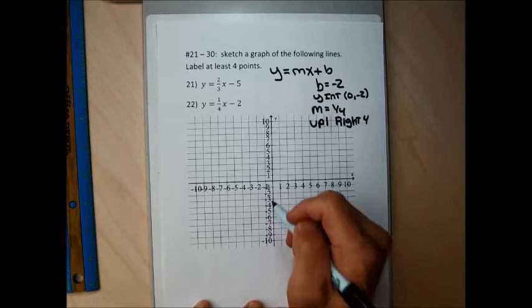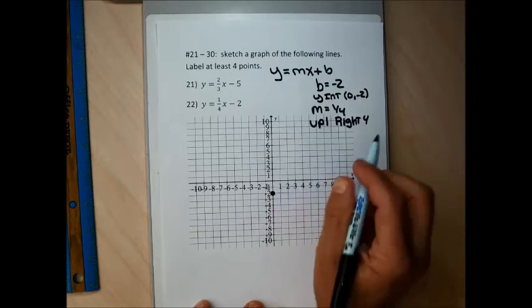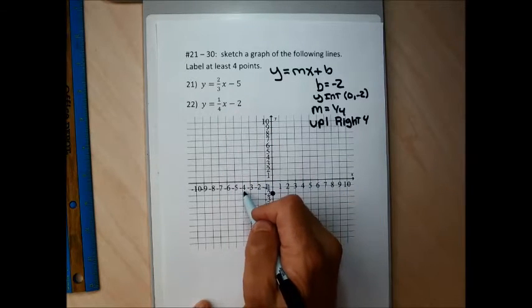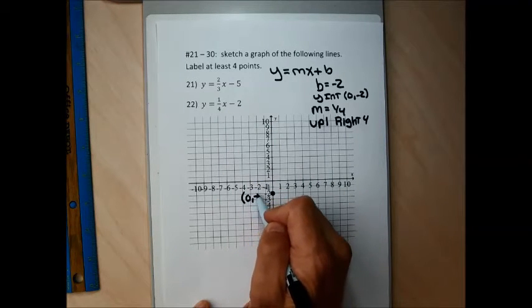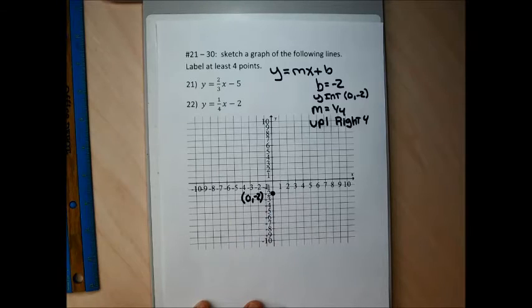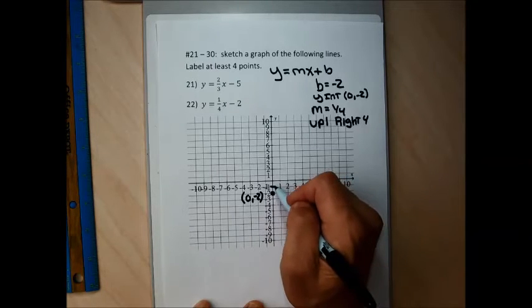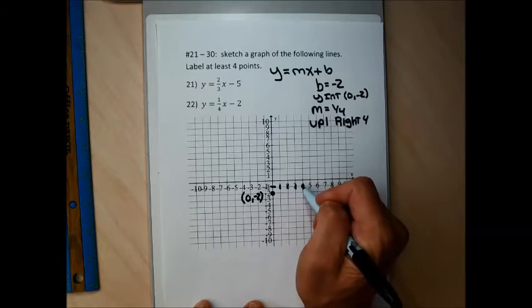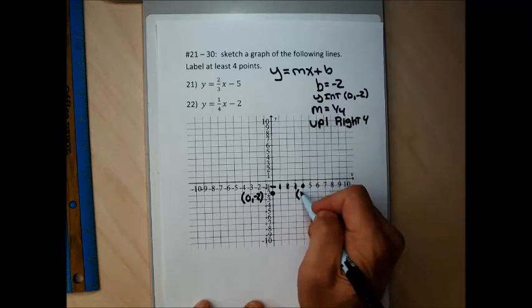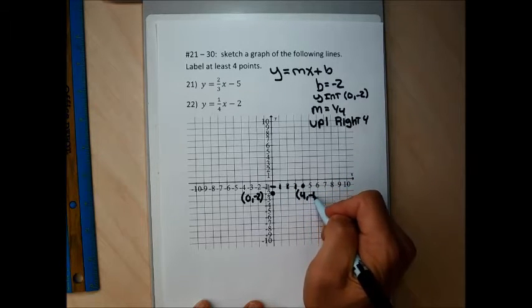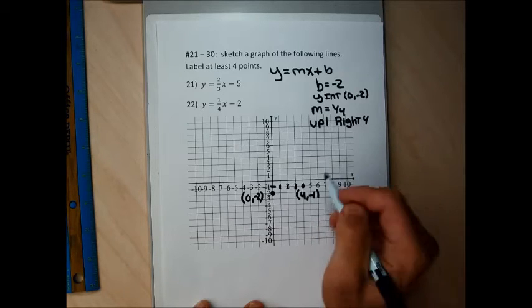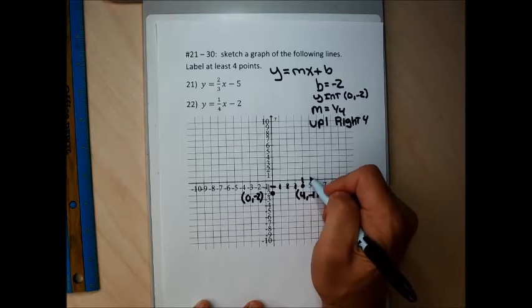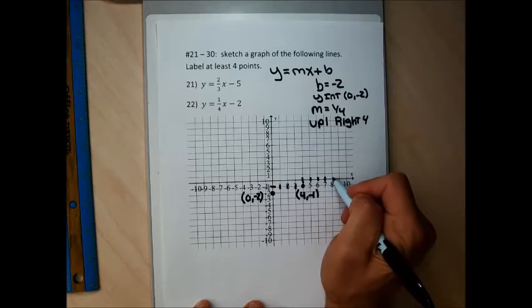So I'm going to start off and plot the y-intercept, which is the b, the point 0, negative 2. That's the first point. I need 3 more. For the second one, I'm going to go up 1 and then right 1, 2, 3, 4. And that takes me to the point 4, negative 1. Then I do the same: up 1, right 1, 2, 3, 4.